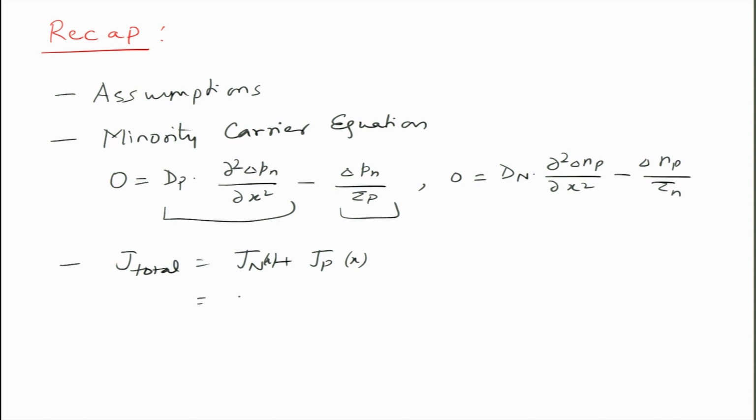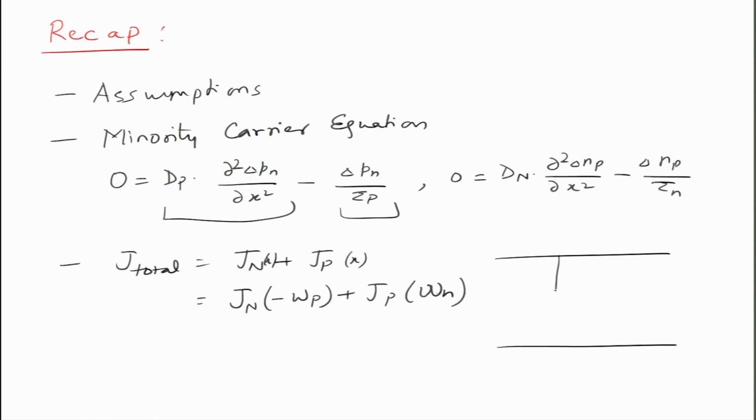What basically it meant was, this is identical to saying that the current you have at minus Wp plus Jp at Wn also makes up this relation, because as we saw, if you have this as a depletion region, the total current goes like this, and similarly on this side the total current goes like this.